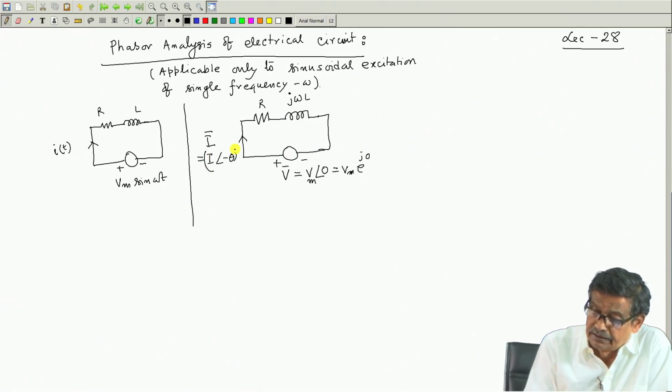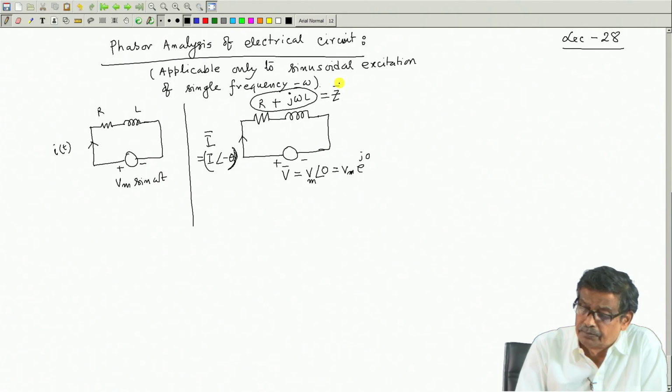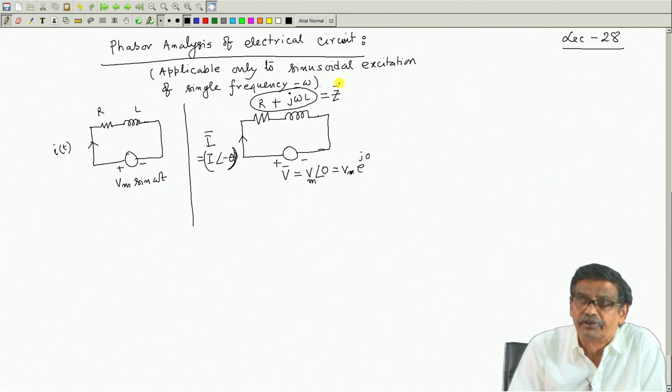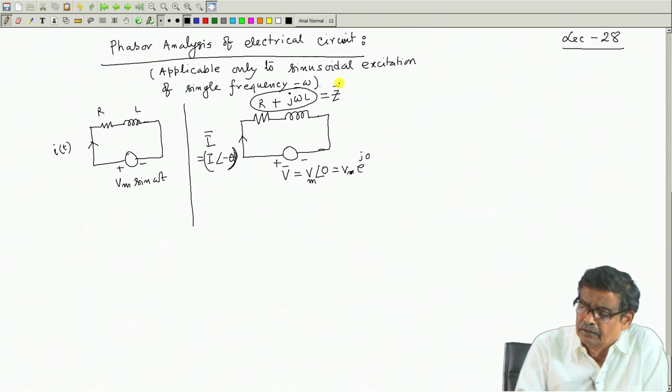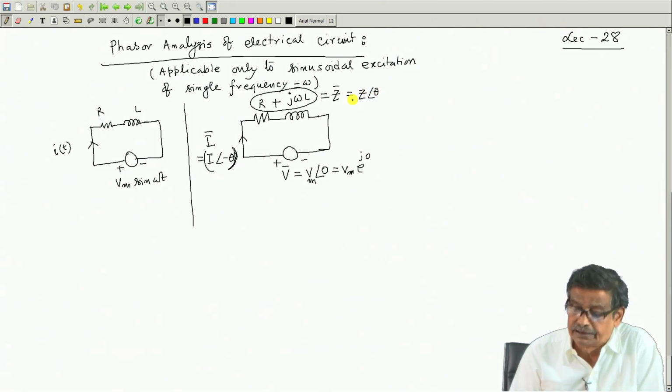So, this is your current, and these two together, R plus j omega L, is your Z, complex impedance. It is a constant complex number, a property of the circuit. Only thing it takes from the supply is the supply frequency, which is constant. Therefore, it will have a magnitude as well as an angle, Z angle theta.